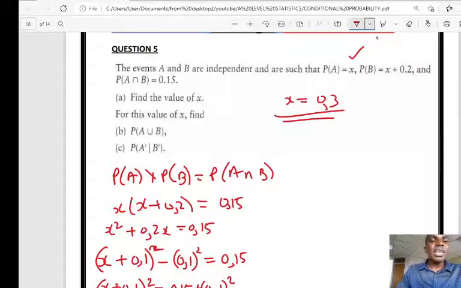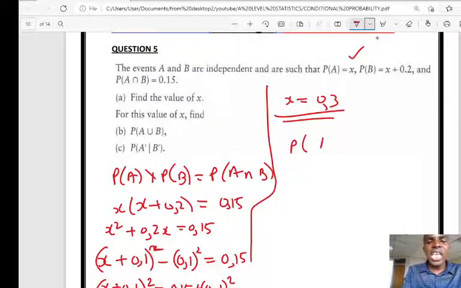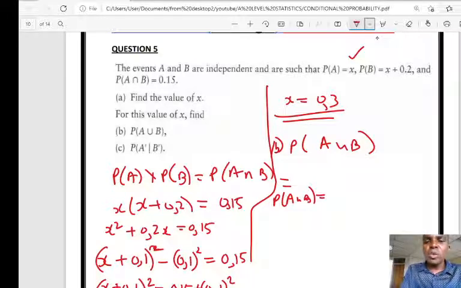That's the answer. Then next, part B, find probability of A union B. Probability of A union B is equal to probability of A, which is 0.3, plus probability of B, which is 0.3 plus 0.2, that is 0.5, minus probability of A intersection B, 0.15.